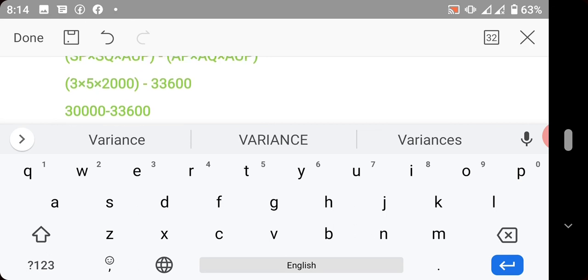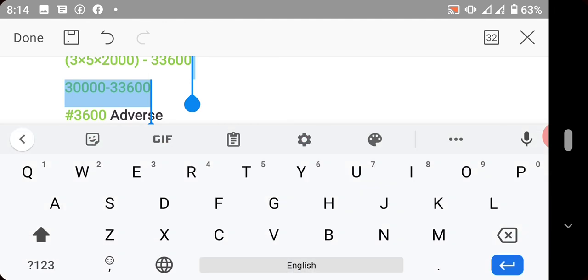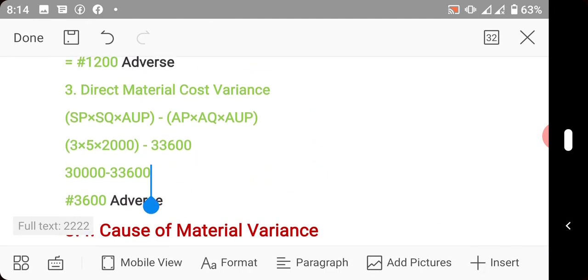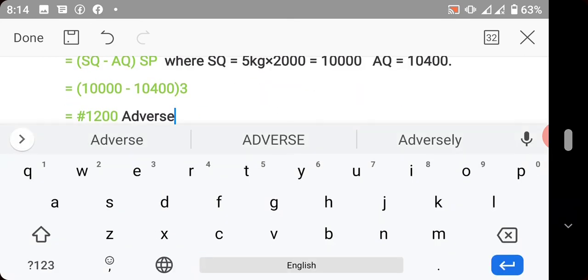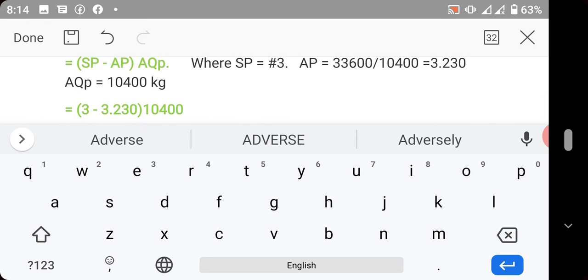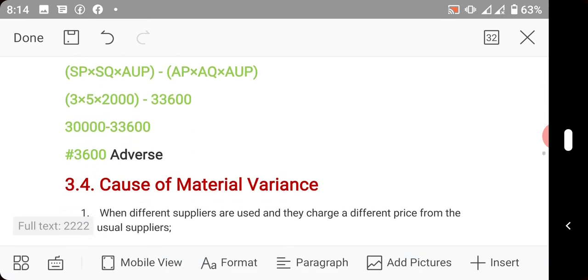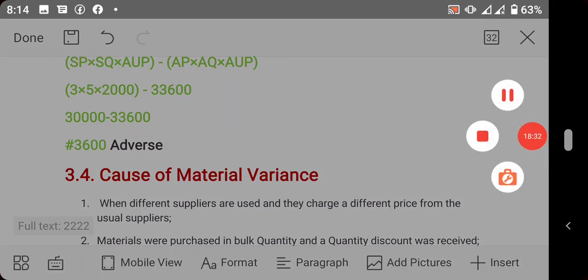And the actual cost is 33,600. So when you subtract, you have 3,600 adverse. So if you add this value, 1,200 plus 2,400, it gives you 3,600. So this tells us what we have done is correct.